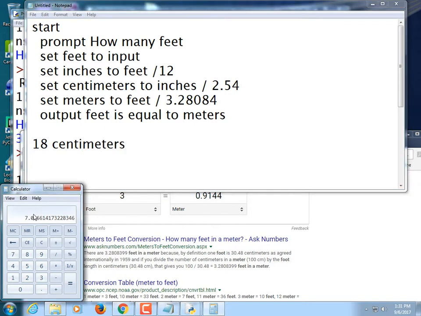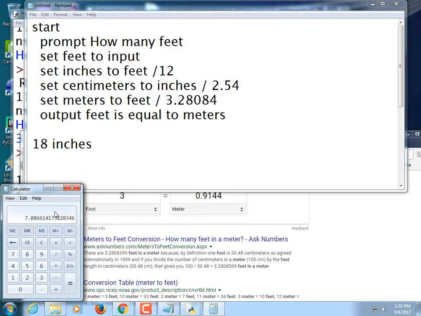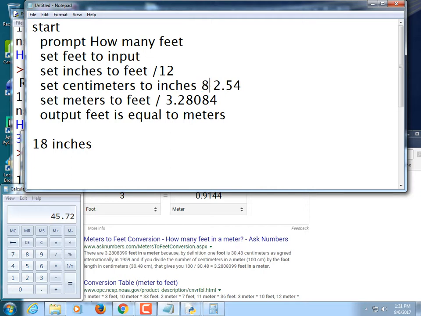So our current math says inches. Wait, no. We have 18 inches. I'm sorry. My bad. Totally bad. I have 18 inches. So you multiply. Let's make sure. So 18 times 2.54. So multiply.